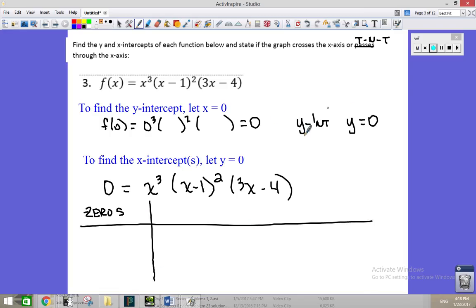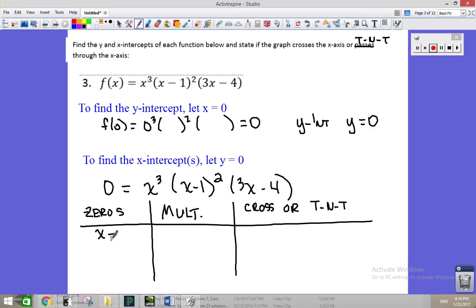And I'm going to include something that we call the multiplicity, and use that multiplicity to tell you whether the graph crosses the x-axis at that x-intercept, or if it does a touch and turn, and I'm just going to abbreviate touch and turn as TNT.